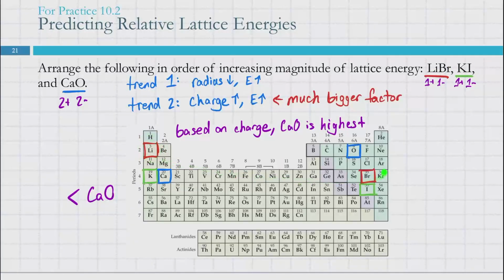Lithium bromide's here in the red. Potassium iodide is here in the green. Which one of these has bigger molecules? Is it lithium bromide or potassium iodide? Which one's going to have bigger atoms? How does atomic size change as we go down the periodic table? Do they get bigger or do they get smaller? They get bigger.